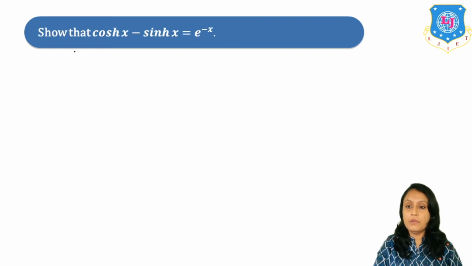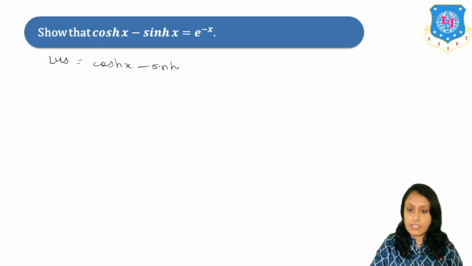Now let's start with the example. Show that cosh x − sinh x is equal to e^−x. So let's start with the RHS. We have cosh x − sinh x. Now we know cosh x is (e^x + e^−x)/2 minus sinh x, which is (e^x − e^−x)/2.